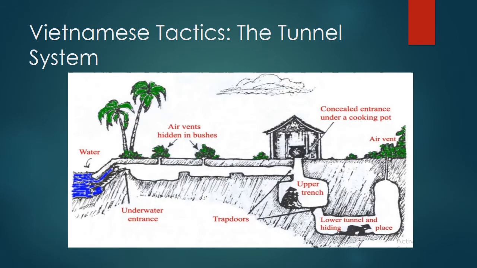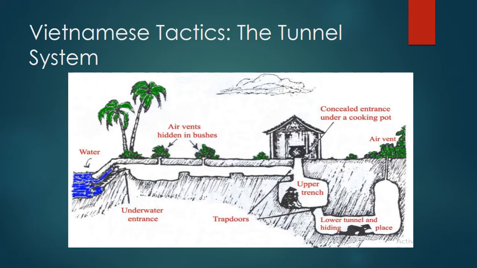And here we can see the tunnel system which was employed by the Viet Cong during the Vietnam War. This tunnel system involved underground passages and trenches. It was utilized both as a shelter and as an attacking post.